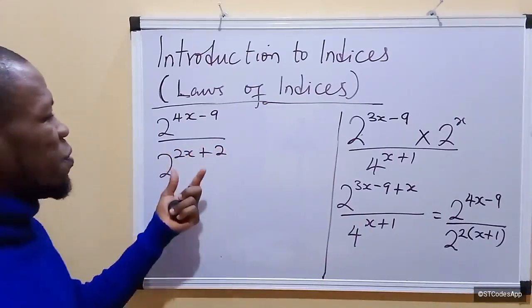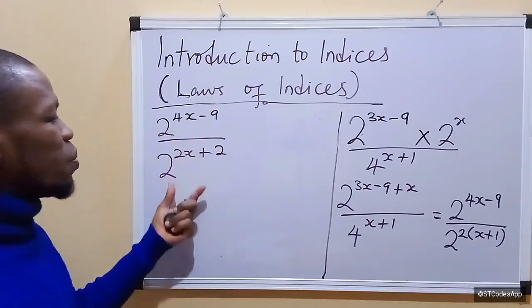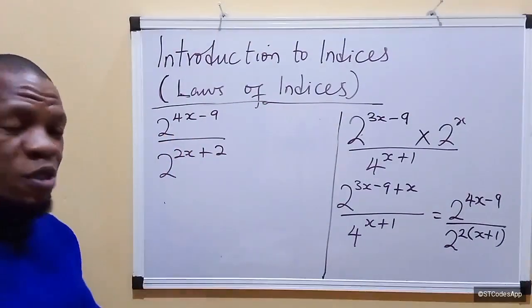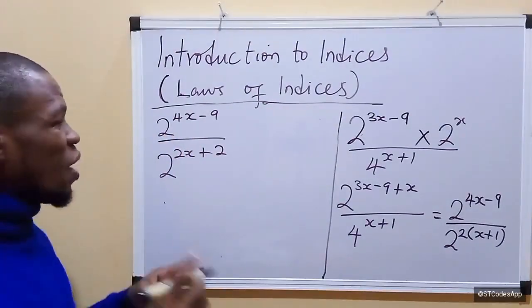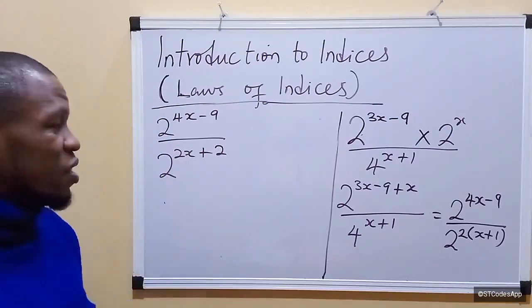Now we have simplified this problem to have just one base up and one base down, and the two bases are the same, meaning we can apply the law of division here, and that states that the power of the numerator will subtract the power of the denominator.